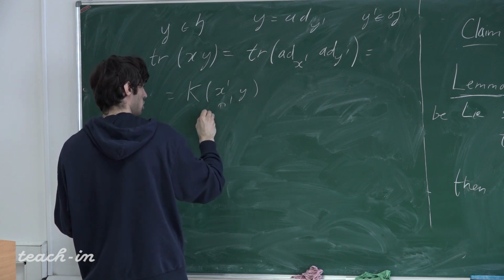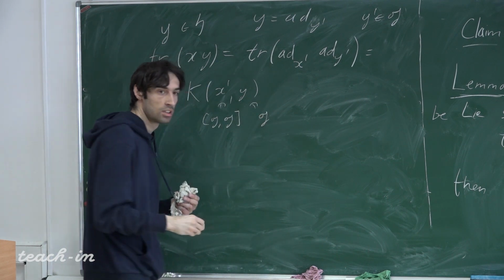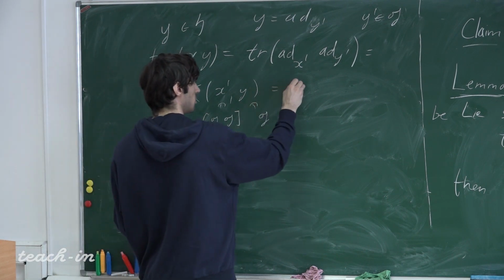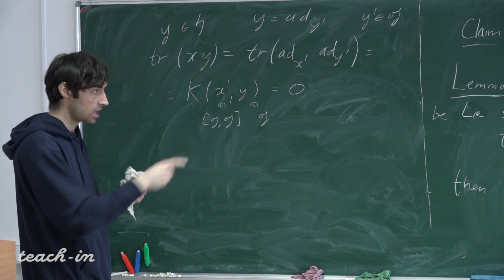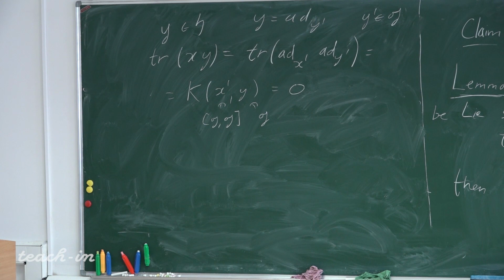This lives in [G, G], and this lives in G. Therefore, this is 0 by assumption.